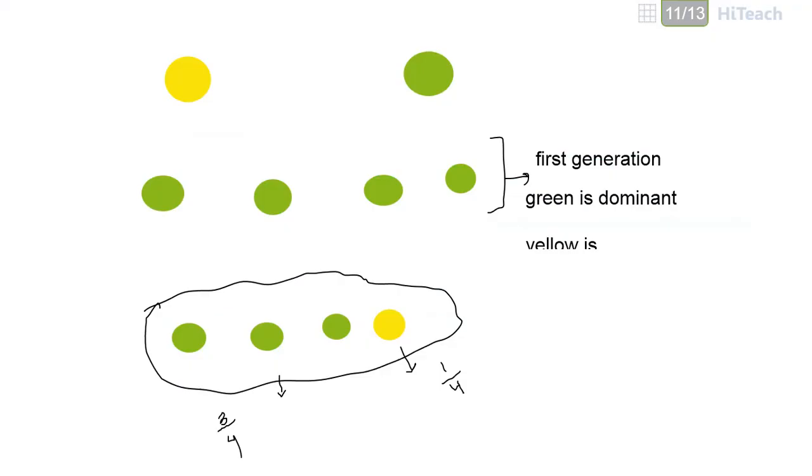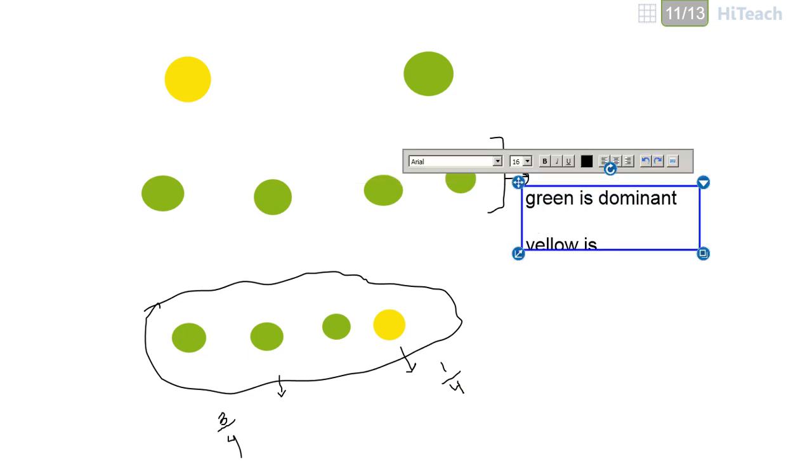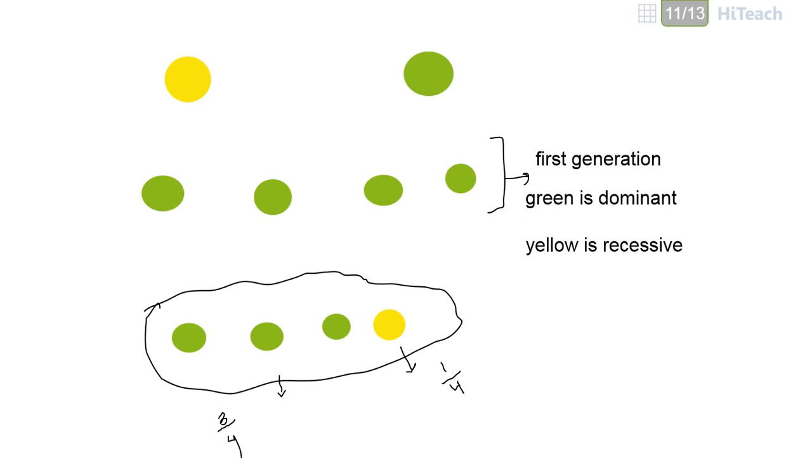So the one that appears in the first generation, because all of them are green, is called dominant, and the other one, the yellow, is called recessive. Okay, then let's continue talking about this one.